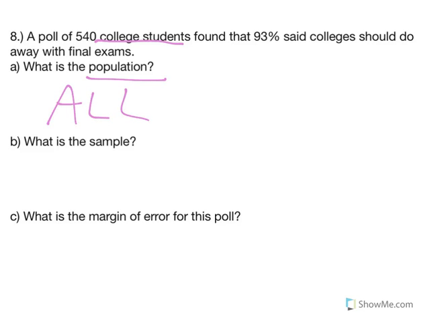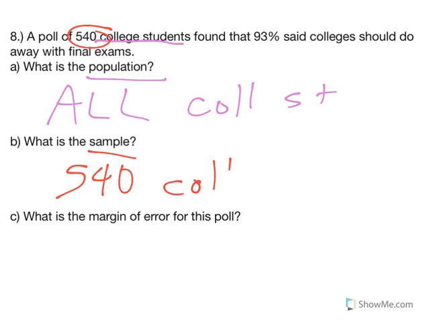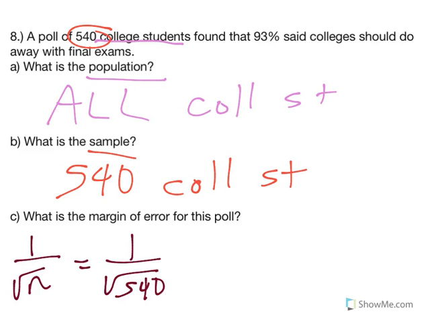And who are we talking about? College students. The sample deals with numbers: 540 college students. Margin of error, 1 over the square root of n. What is n? n is your sample size, and in this case, it's 540. So we end up with 4.3%.